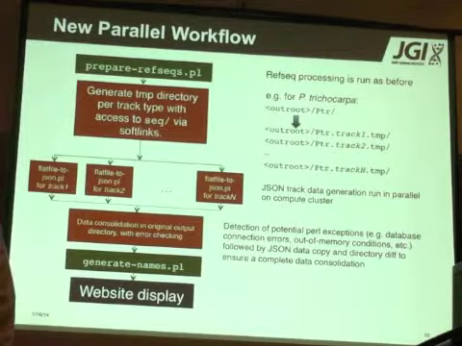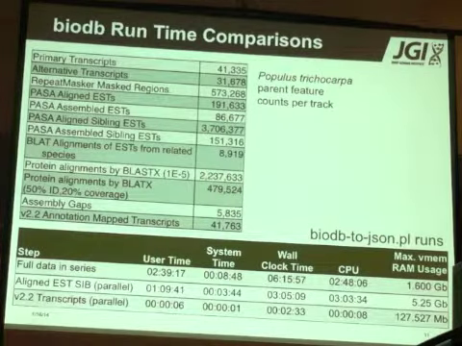And that actually, for being a pretty simple approach, worked really well. I had done some initial testing looking at BioDB to JSON, since we certainly have existing feature store databases for Phytozome 9.